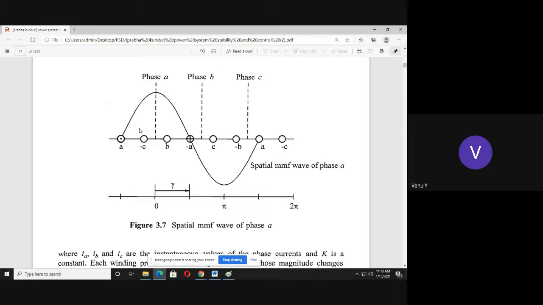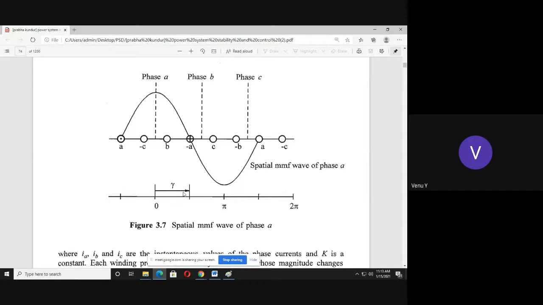So this is A minus A, and in between phase A is there. From phase A, let us measure the horizontal spatial distance with gamma.